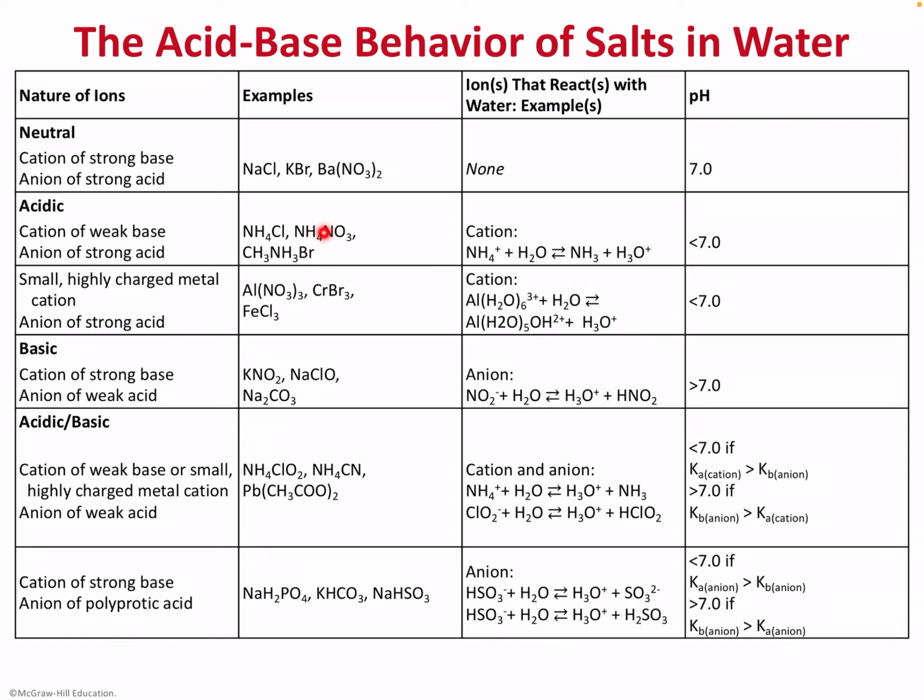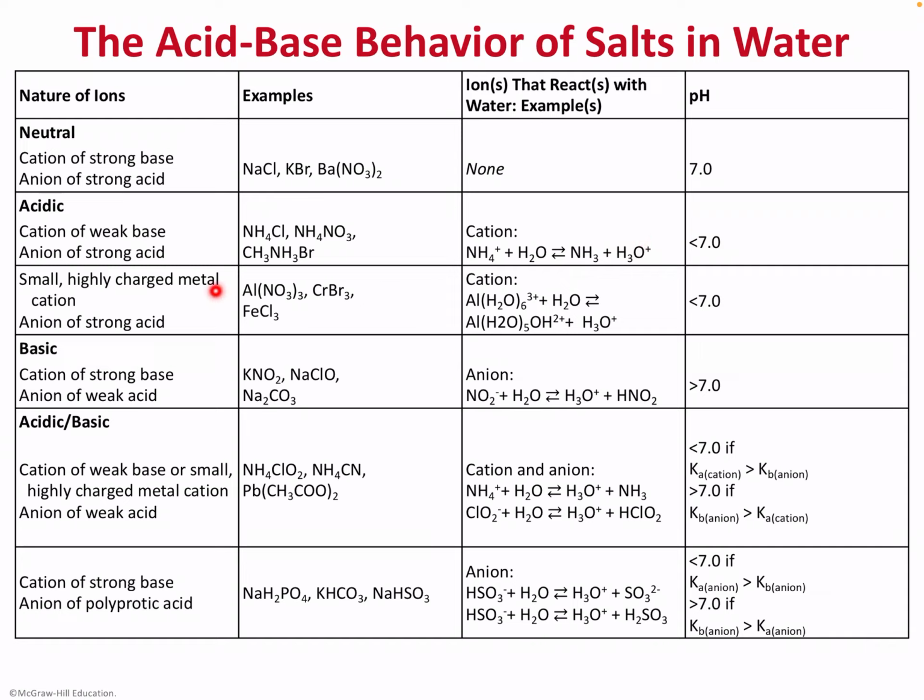Since chloride, nitrate and bromide are anions of strong acids, they will not react with water. Only the ammonium ion will react, with water giving ammonia and hydronium ion, H3O+. As a result, the pH is going to be less than 7 because it generates hydronium ion, H3O+.